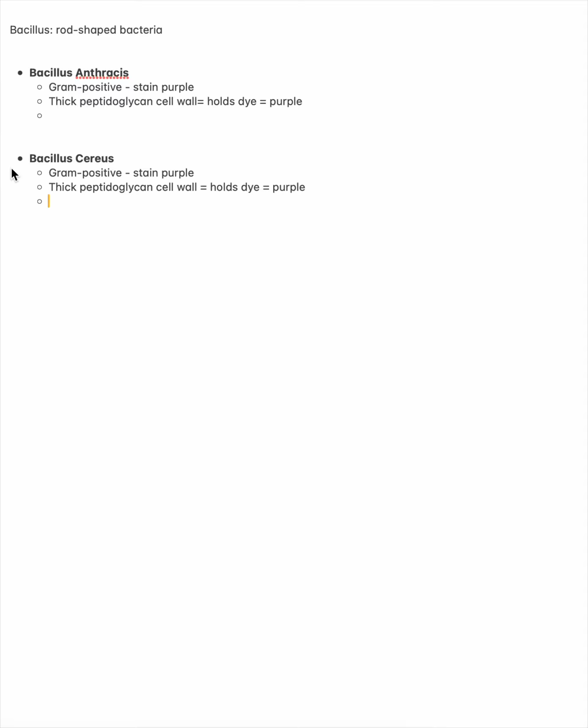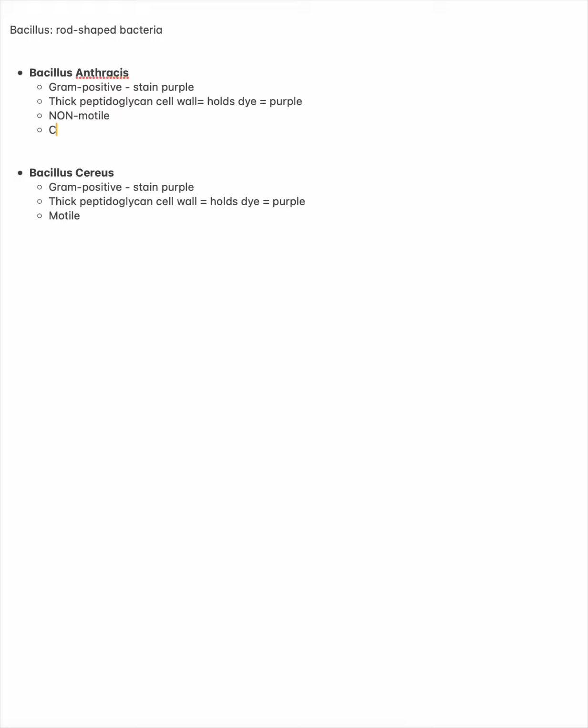So starting with Bacillus anthracis. We talked about it's rod-shaped, it's gram-positive, but there are some other features that would distinguish it from Bacillus cereus. For example, Bacillus anthracis is non-motile, versus Bacillus cereus is motile and has flagella, which are these little tails that help it move around.